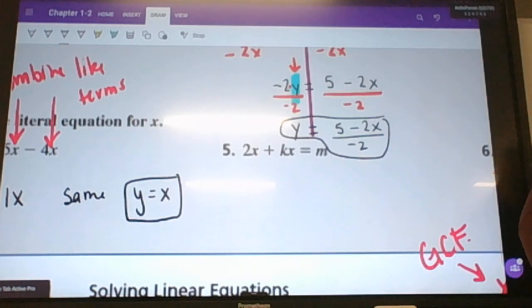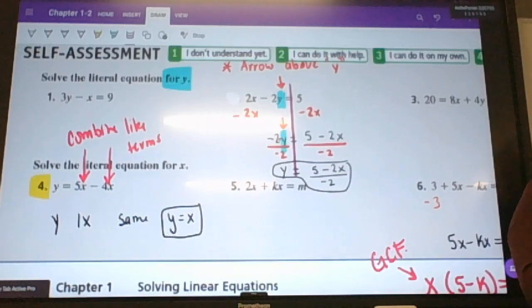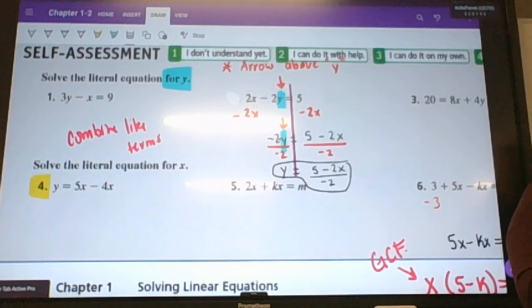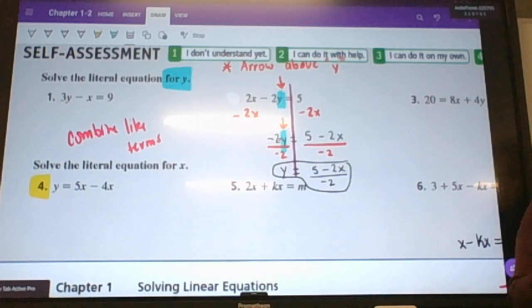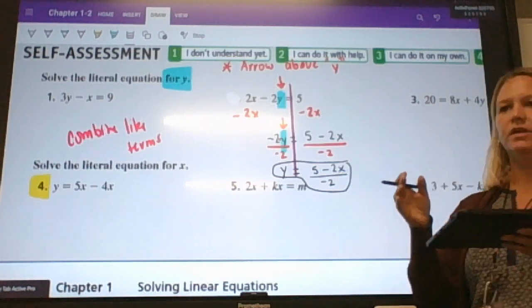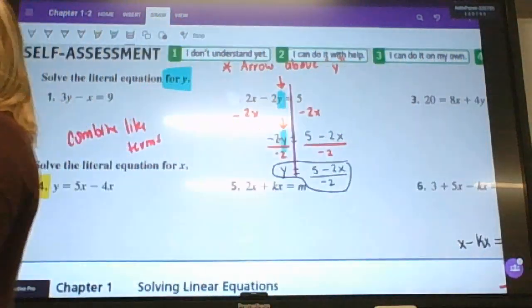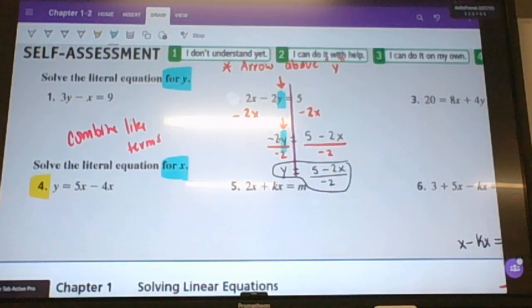All right, let's head to 4. Look at the directions. The directions are really important. This says solve for x. So this time, I'm putting my arrow above x.